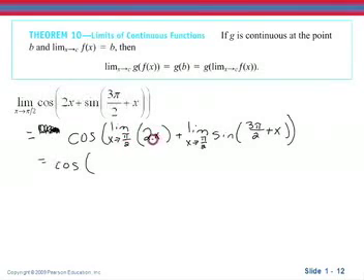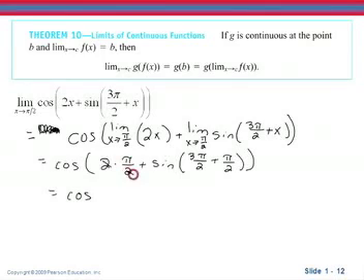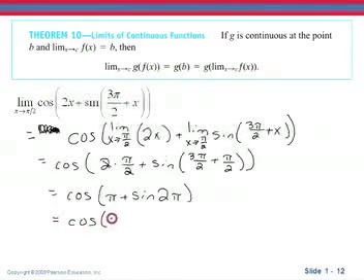Now when we find these limits, we substitute pi over 2 in, so this is going to be 2 times pi over 2 plus the sine of 3 pi over 2 plus pi over 2. Well, this will give us the cosine of, the 2's cancel, we'll have pi plus the sine of 3 pi over 2 plus pi over 2 is 4 pi over 2, or 2 pi.